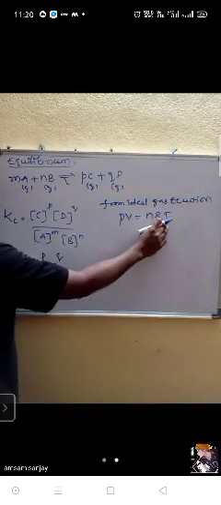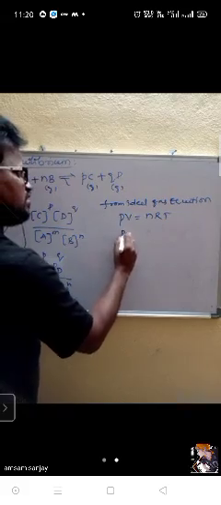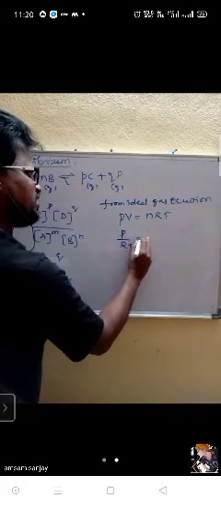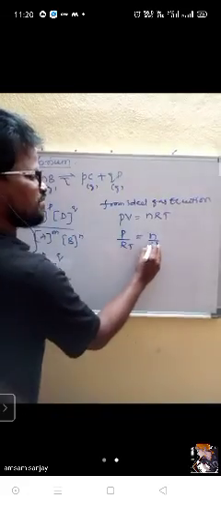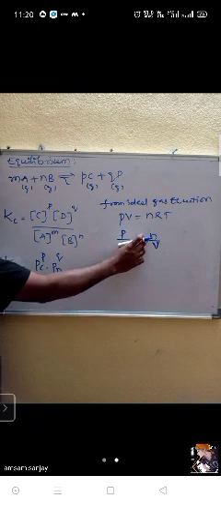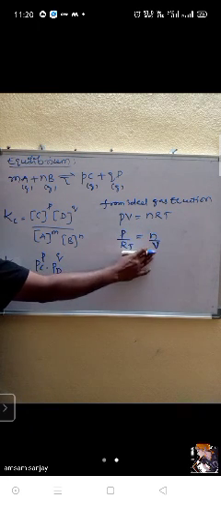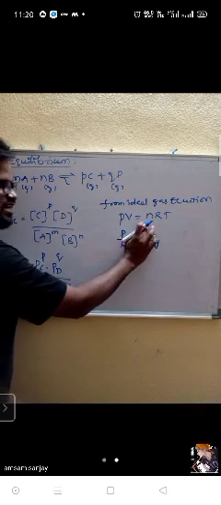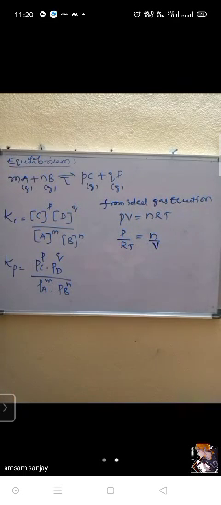RT we can bring to this side: P by RT is equal to n by V. This n by V meaning is what? Can I call it concentration? Number of moles present in V liters. Then can I call this concentration? Yes.